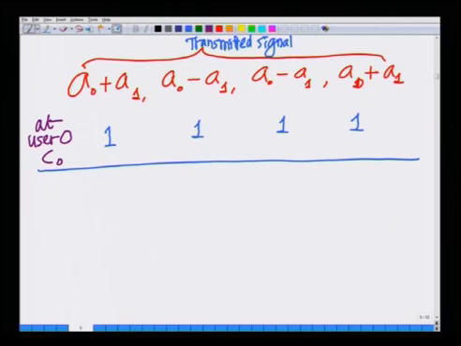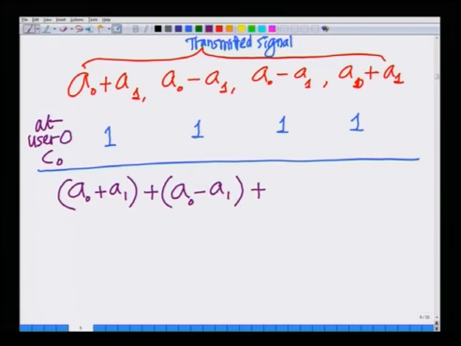A0 + A1 into 1 gives me A0 + A1, plus A0 - A1 into 1, that gives me A0 - A1, plus A0 - A1 into 1, that gives me A0 - A1, plus A0 + A1 into 1 gives me A0 + A1.